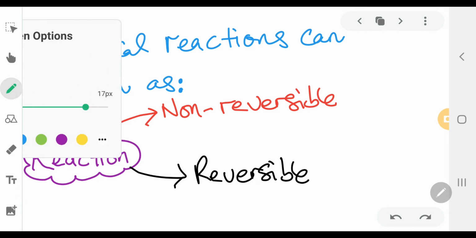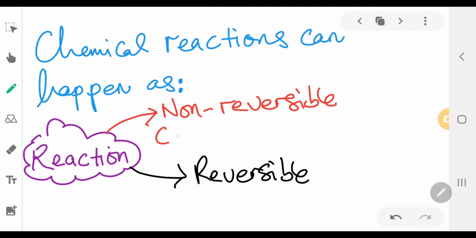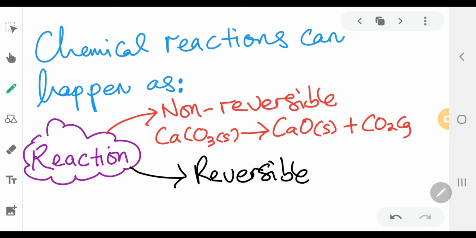One example of the non-reversible reaction is if we have CaCO3 in solid phase, which completely converts into CaO solid and also carbon dioxide gas.